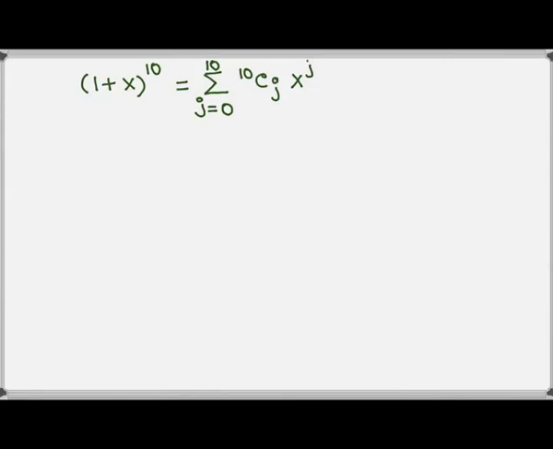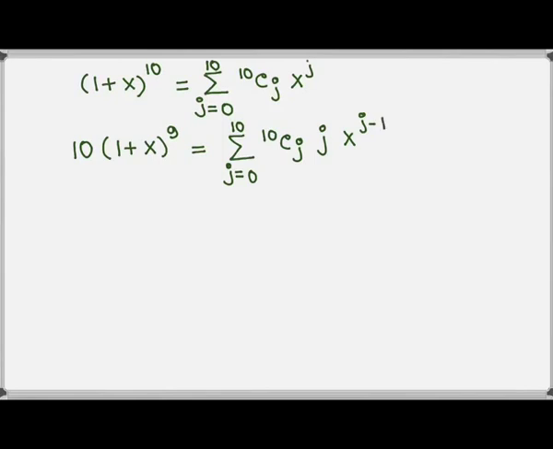We get 10 into (1 plus x) to the power 9 is equal to the sum from j equals 0 up to 10, 10Cj into j into x to the power j minus 1. Now we put x equal to 1 in both sides of this equation.